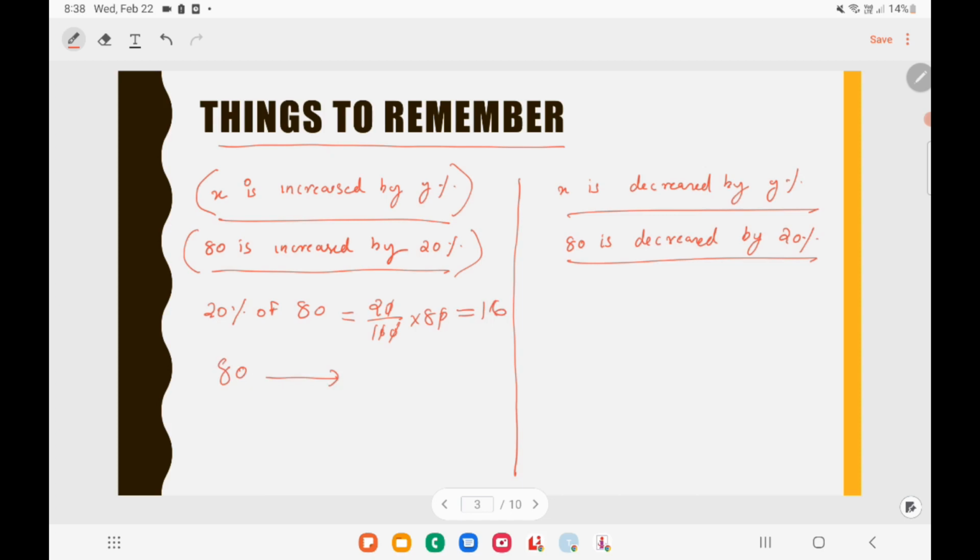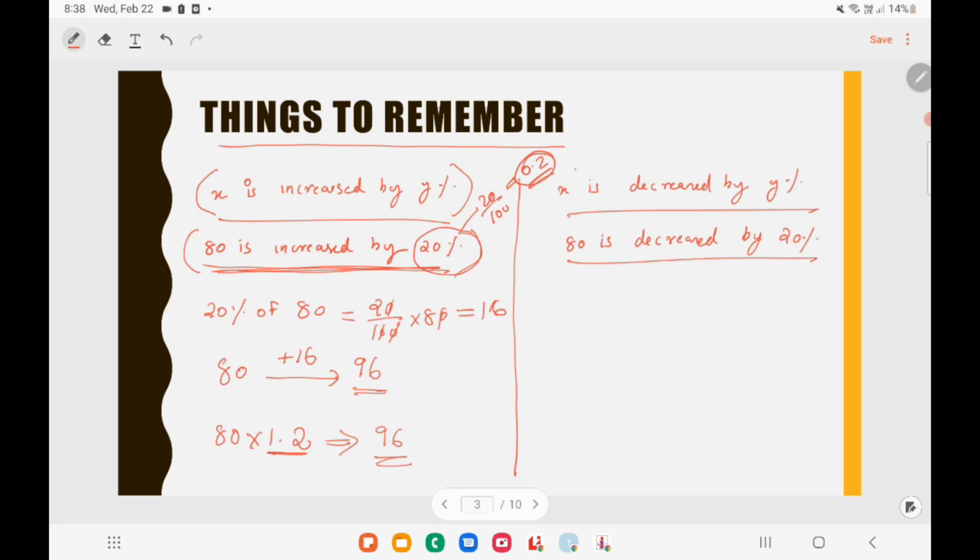Now it is increased by 20%, it means it is increased by 16. So now it will become 96. You can do this easier: if 80 is increased by 20%, just multiply 80 by 1.2, because 20% means 20 by 100, which is 0.2. Just add this 0.2 to 1, you will get 1.2. So 1.2 into 80 gives you 96 itself.